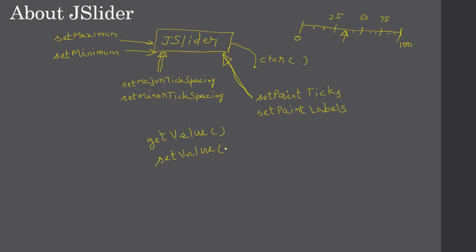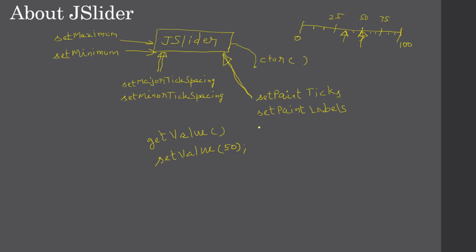Say for example, if I put setValue of 50, then the thumb will move from, let's say 30 to 50. So this thumb will be set here when we make a call to setValue to 50.